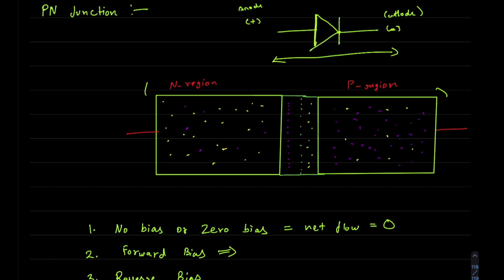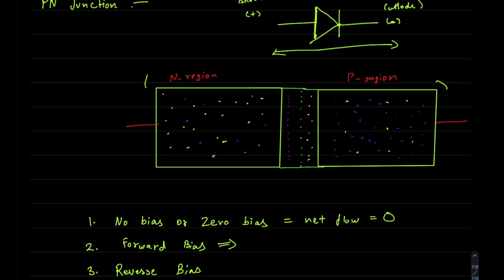So we are applying this external voltage, right? Now, if this external voltage becomes greater than the value of the potential barrier, which, again, I talked about before, is approximately 0.7 volts for silicon and 0.3 volts for germanium, the potential barrier's opposition will be overcome and current will start to flow.